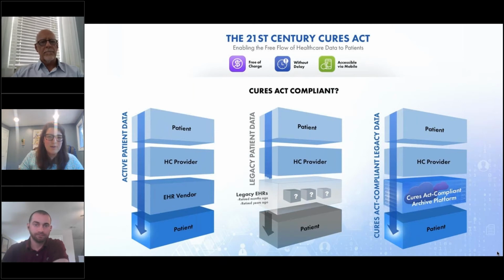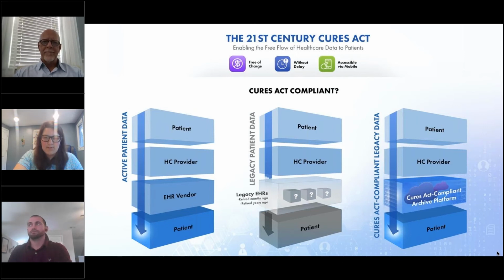And I wouldn't be doing the provider audience justice if I didn't at least touch on information blocking in a tad more detail, because I know Kyle touched on it a bit, but it's worth at least shedding some light on how there is still ambiguity that has to be teased out here.